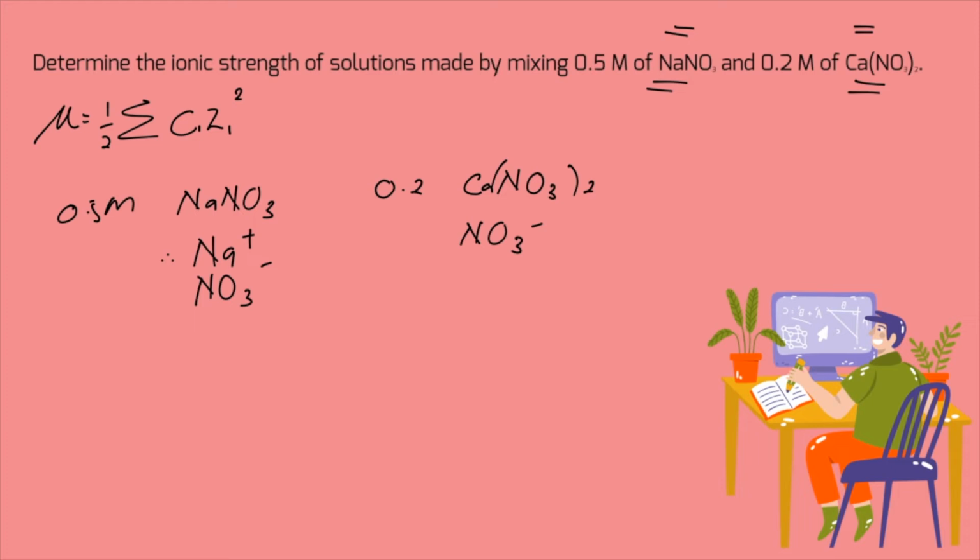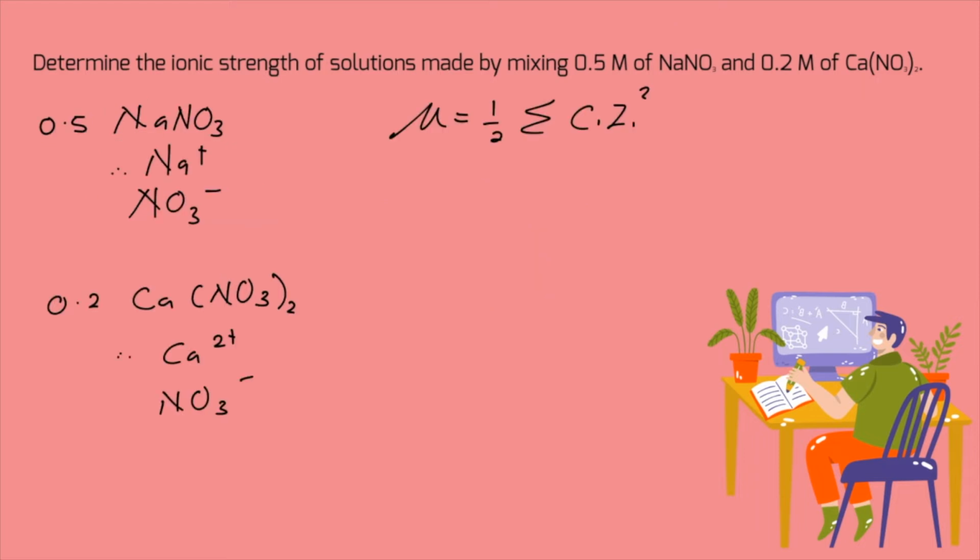But here you can see that you have two NO3, two molecules of NO3, meaning your Ca cannot be Ca+, it should be Ca2+. Therefore, you need two molecules of NO3 to balance things out. So this one will be 2+ instead of just +.